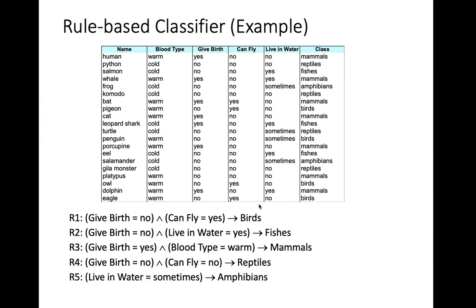You can see very quickly how the categorization of some animals is done, based upon the blood type, whether it is cold-blooded or warm-blooded, whether it gives live birth or not, whether it can fly or not, and whether it lives in water or not. So like that, it is possible to build a categorization of mammals, reptiles, fishes, and so on.